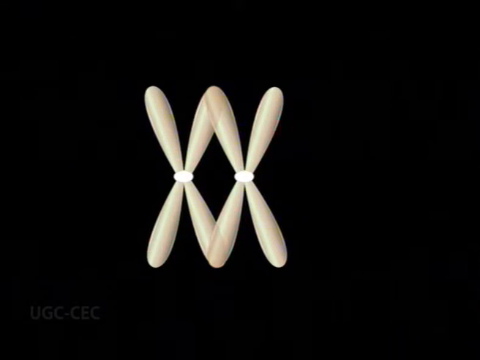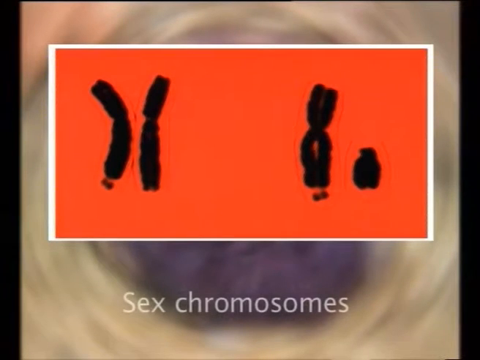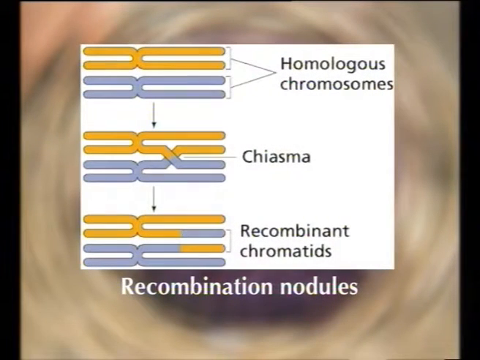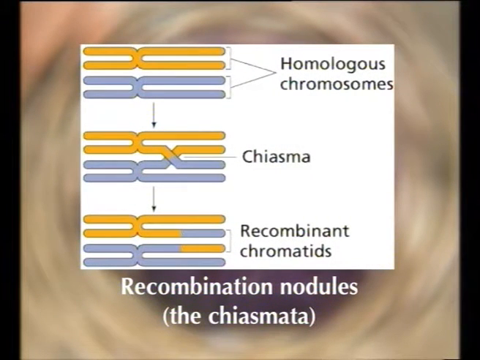However, sex chromosomes are not wholly identical and only exchange information over a small region of homology. Exchange takes place at sites where recombination nodules, the chiasmata, have formed.